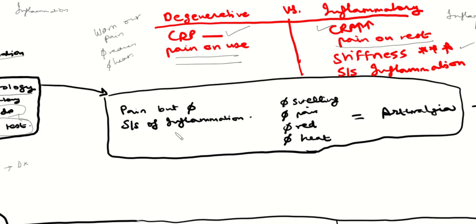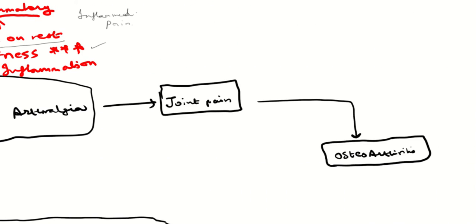However, if you have pain without signs and symptoms of inflammation, there's no redness and heat. There may be pain, no redness or heat, and a lot of times no swelling. You have arthralgia. Then the joint pain is arthritis, and we'll talk about that.